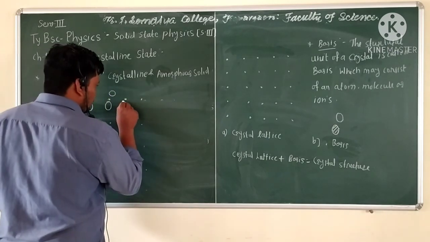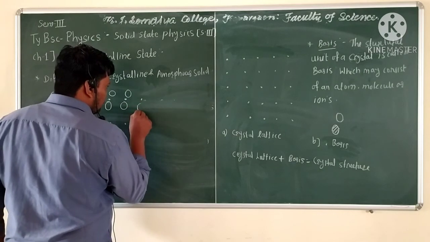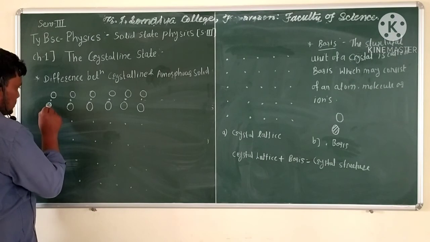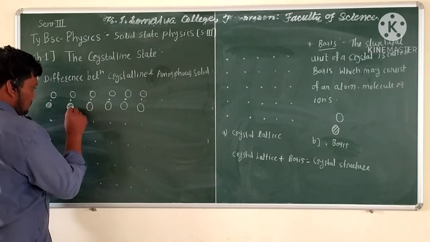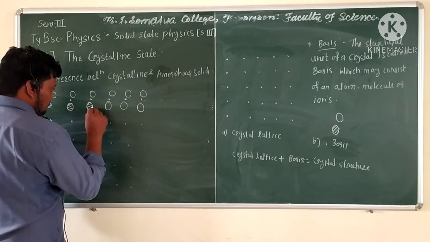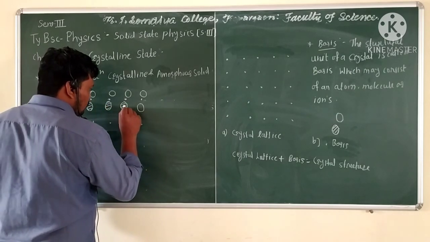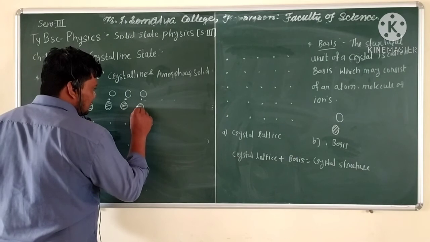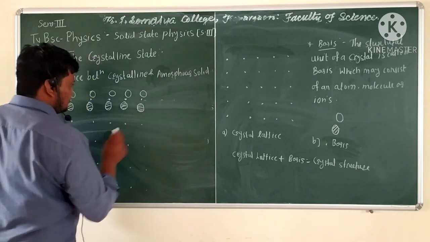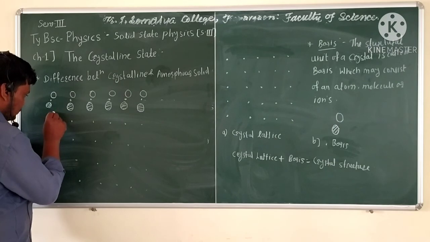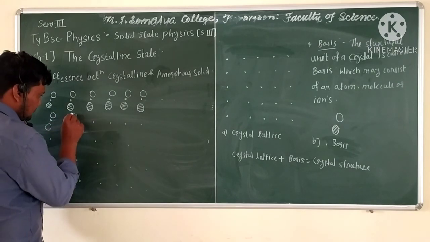The basis is the one circle, which is a solid circle, and the empty space, and the compact configuration of this crystal lattice as well as the basis is given as the crystal structure, drawn like this.